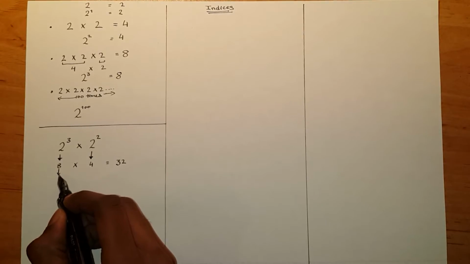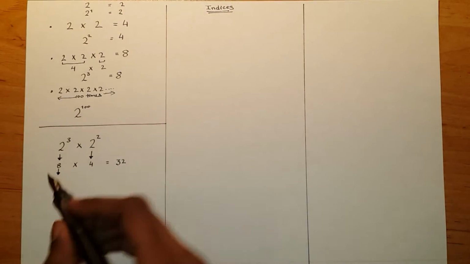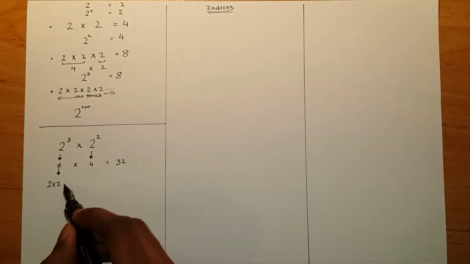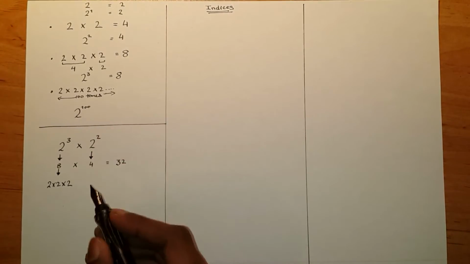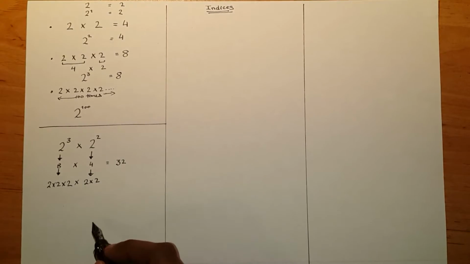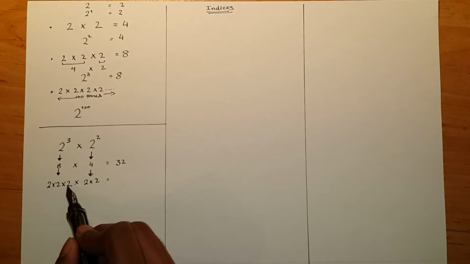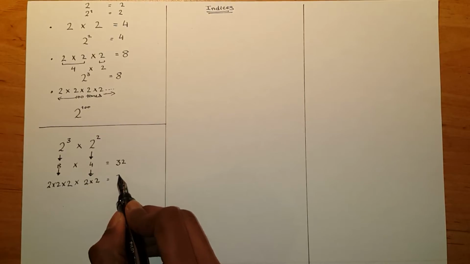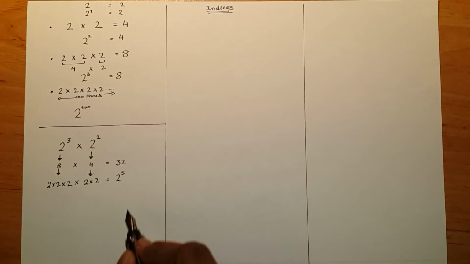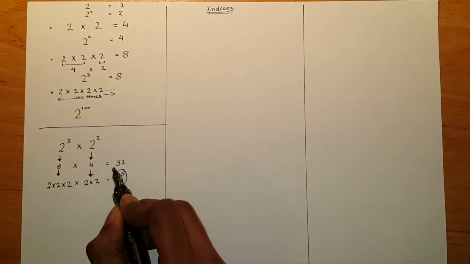But 8, if we write that in terms of 2, would be 2 times 2 times 2. And 4 would be 2 times 2. So it's going to be 1, 2, 3, 4, 5. 2 to the power of 5, which means that 2 to the power of 5 is equal to 32.